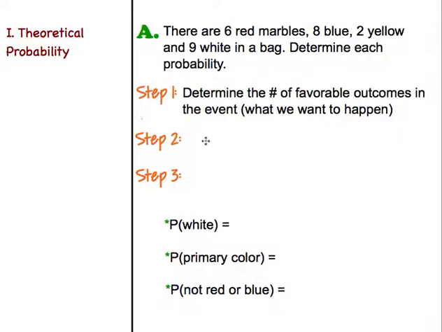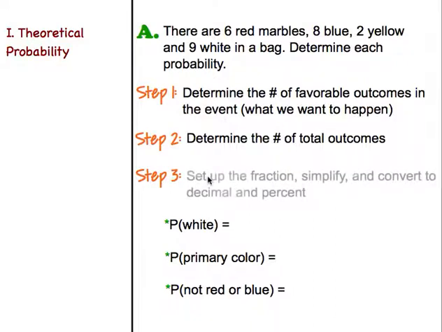The second step is to determine the number of total outcomes. And finally, step 3 is to set up the fraction, simplify it, and convert it to a decimal and our percent.